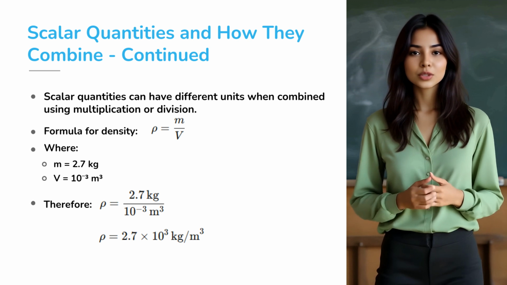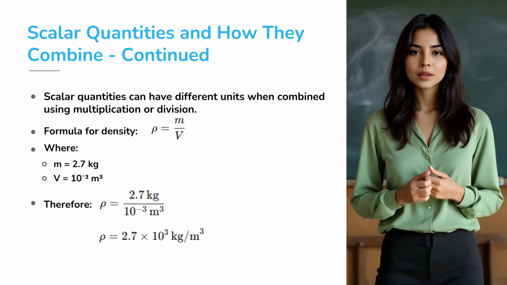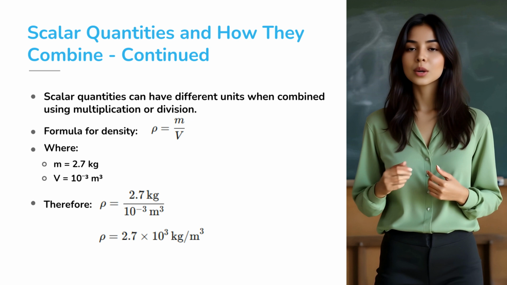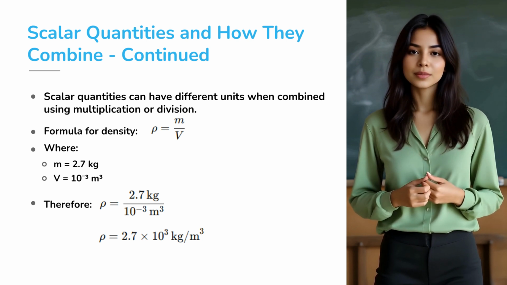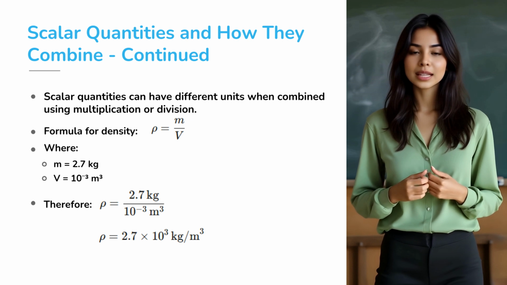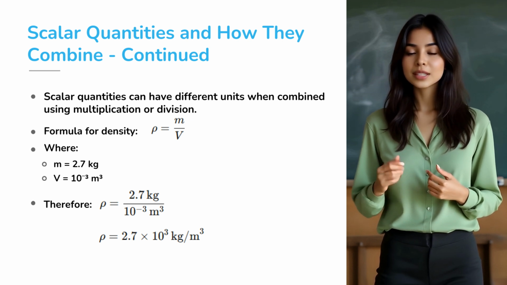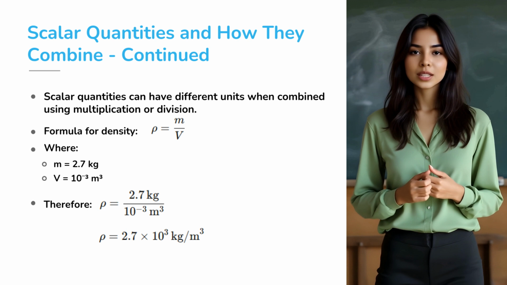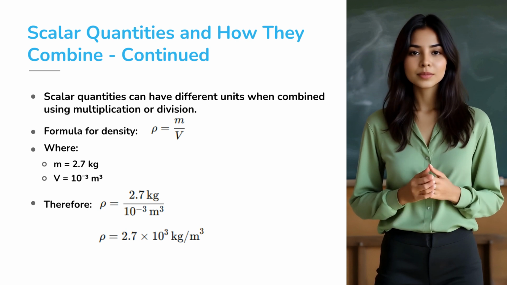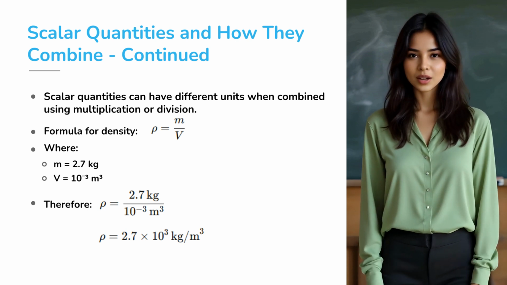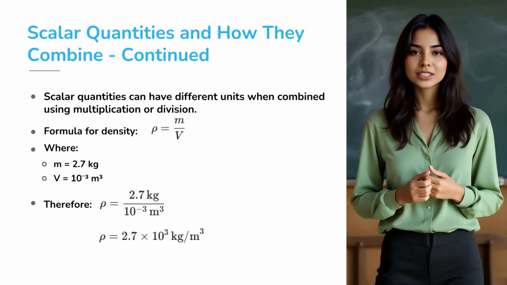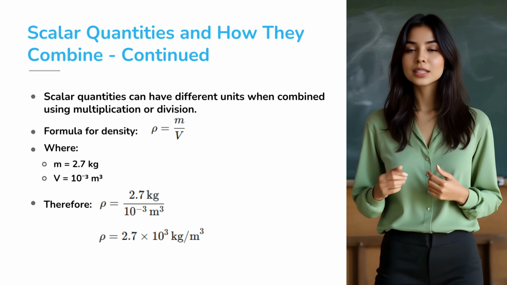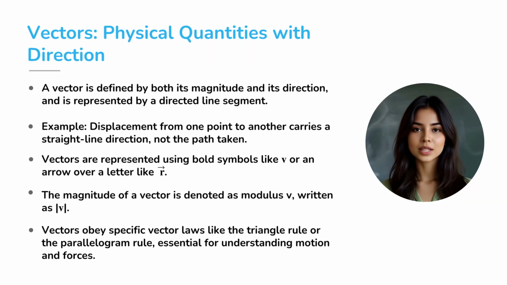Now, substituting the values into the formula, ρ equals 2.7 kilograms divided by 10 to the minus 3 cubic meters. Solving this, we get ρ equals 2.7 times 10 to the power of 3 kilograms per cubic meter. This shows how scalar quantities like mass and volume combine through division to give us density with a new derived unit.